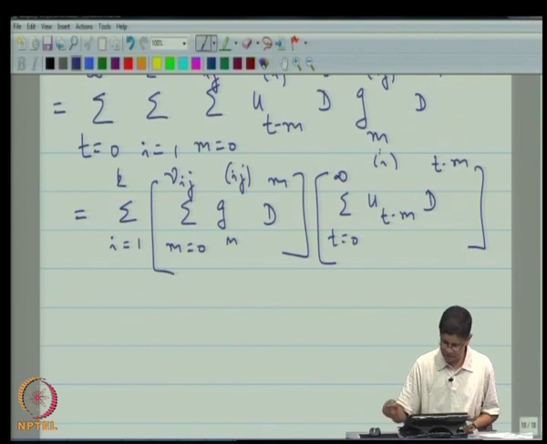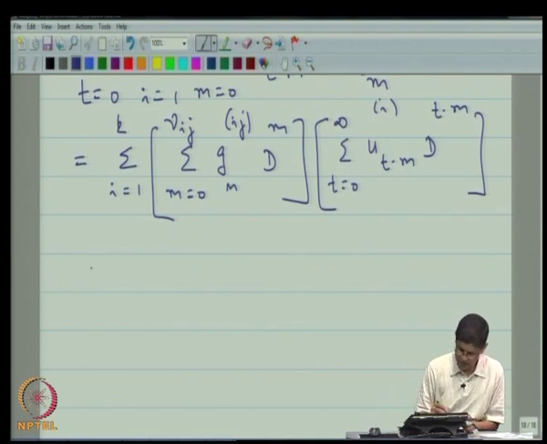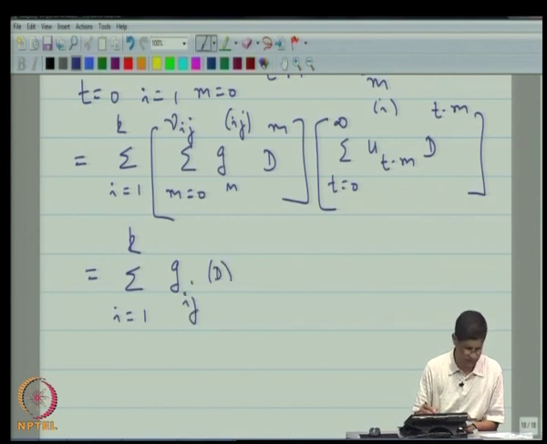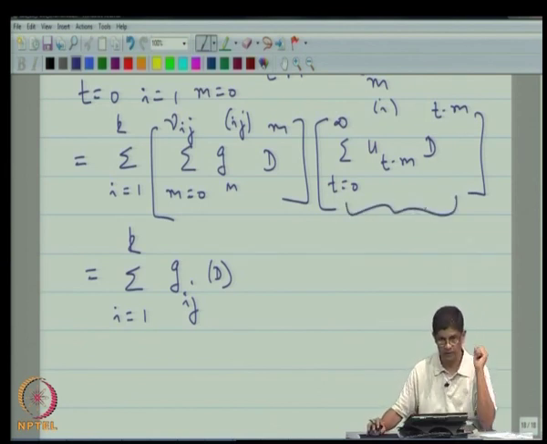So, just by rearranging terms, this is what you get, and these are fairly standard manipulations, and so that gives you the sum i equal to 1 to k. Now, this is nothing but the polynomial generator matrix. So, I can write that as g_ij(D), and this thing here. Now, this is the input power series.